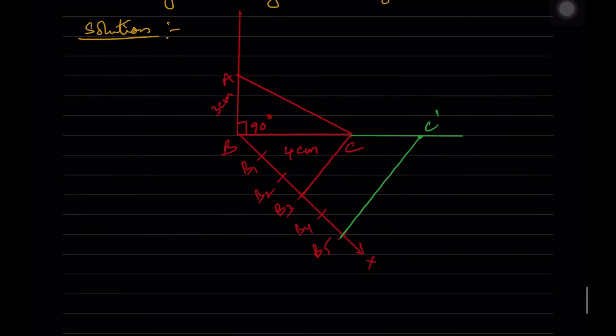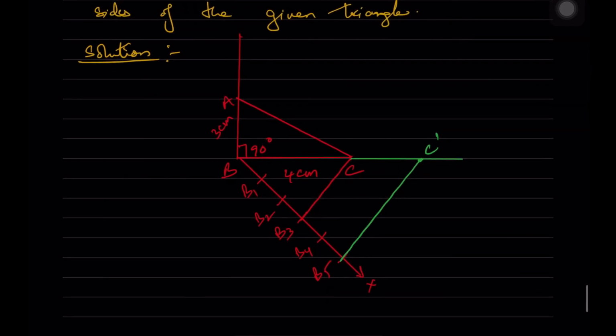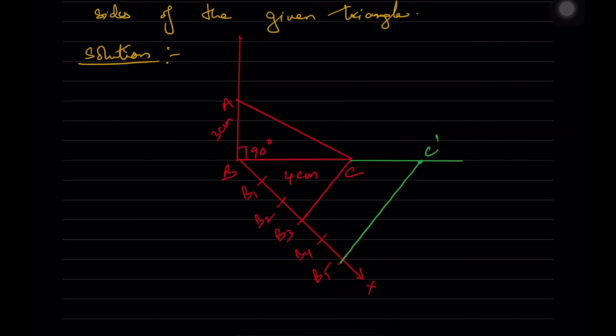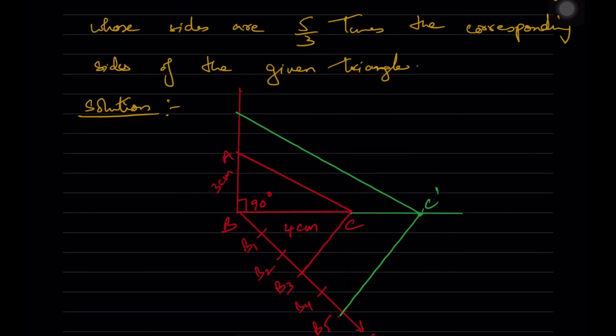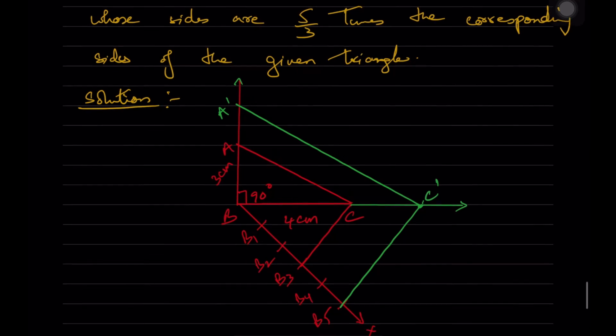Now from C dash we draw one more line which is parallel to AC. So putting the set square in that way, you draw a parallel line, or you can use your compass or even the scale. With the scale also you can do this. You name it as A dash. So now the required triangle is A dash BC dash. This is the required triangle.